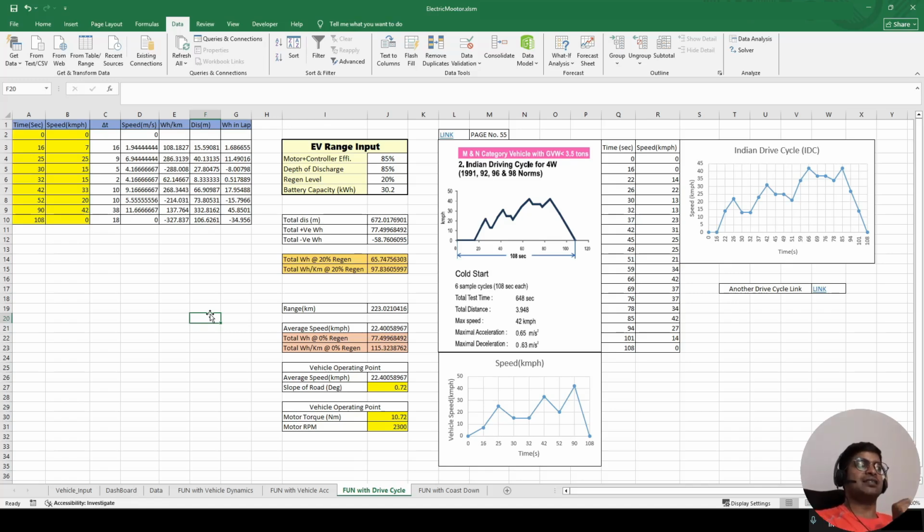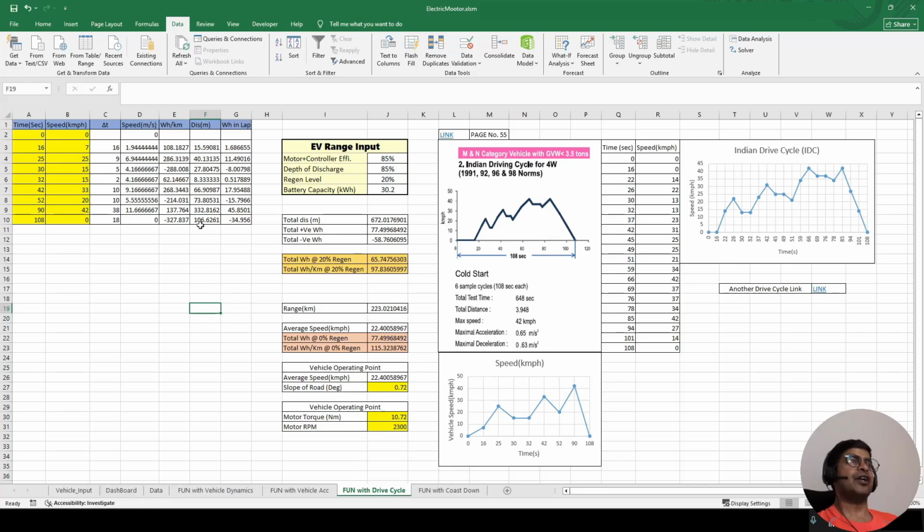And when I say one event, I am talking about when the vehicle is going at a constant speed. What is that constant speed, or the average speed, I'm talking about? I'm talking about the average speed that I calculate from this drive cycle. In order to calculate average speed, what do I have to do?